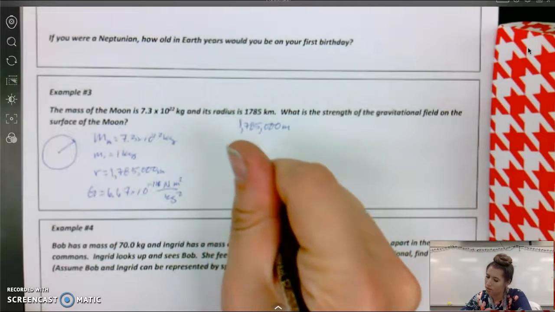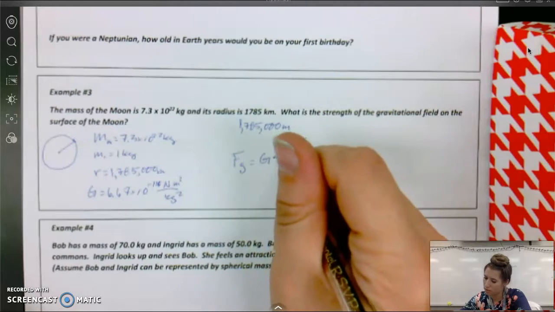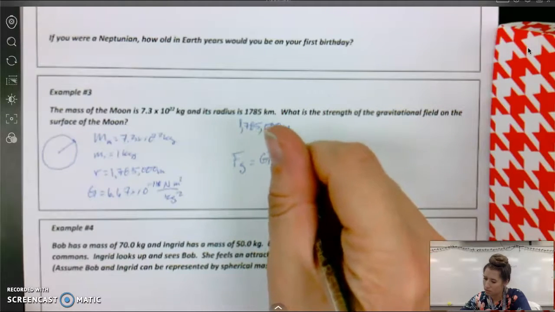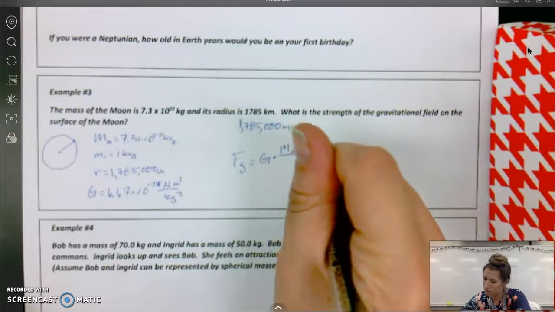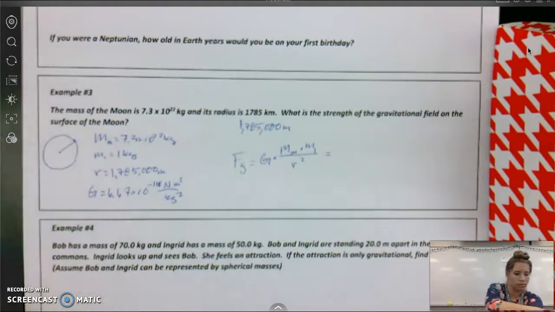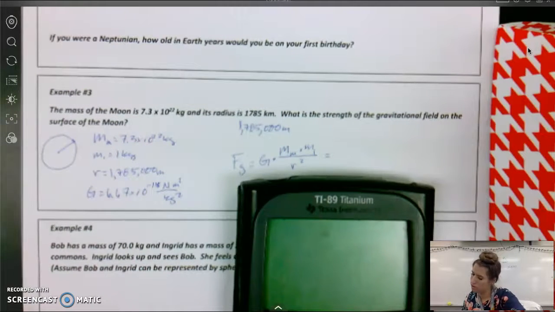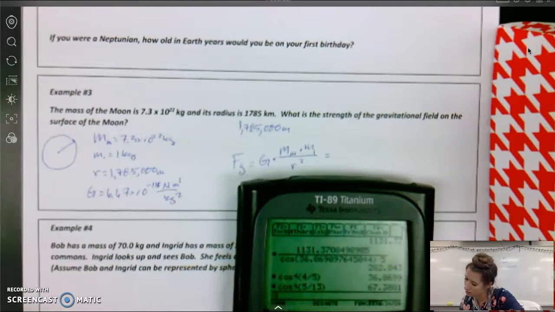So that force is going to equal G times the mass of the moon times mass 1 divided by R squared. Okay, so we have 6.67 times 10 to the negative 11 multiplied by the whole thing, and on the top we have another number in scientific notation.